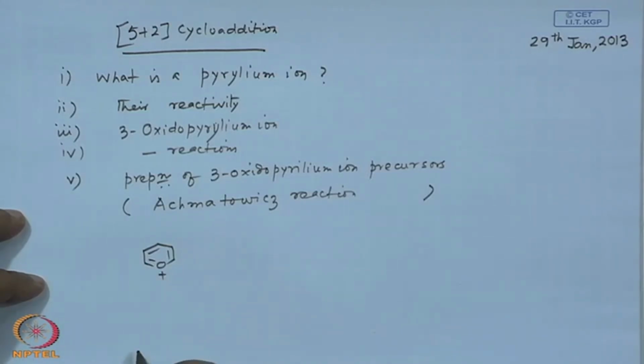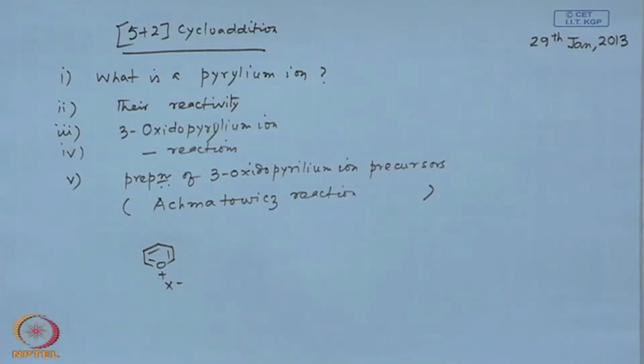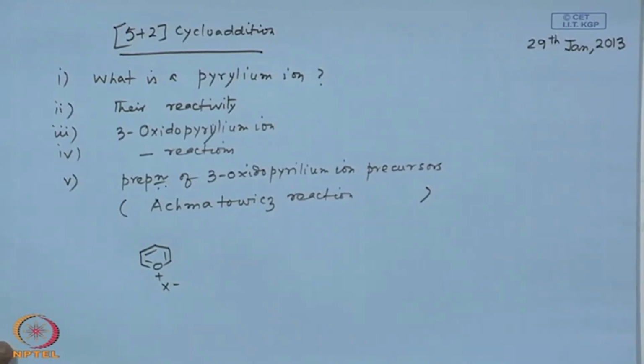So, it has to be plus, and then the corresponding counter ion. So, this is actually the pyrylium ion. You have to be very careful about the spelling, because if you write it wrongly you will be directed to different results.